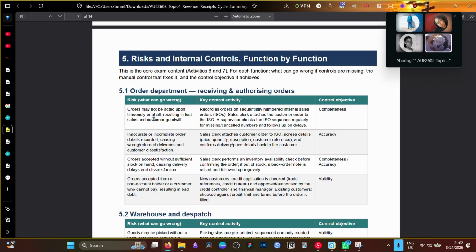Even if you don't look at the auditing notes, if you thoroughly understand these risks and know what documents are in that cycle, you'll be able to answer questions, because there won't be any other documents there.